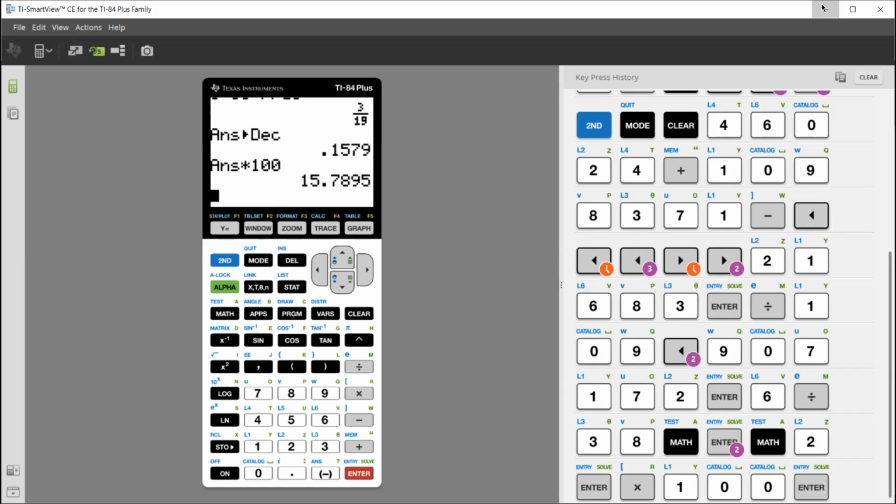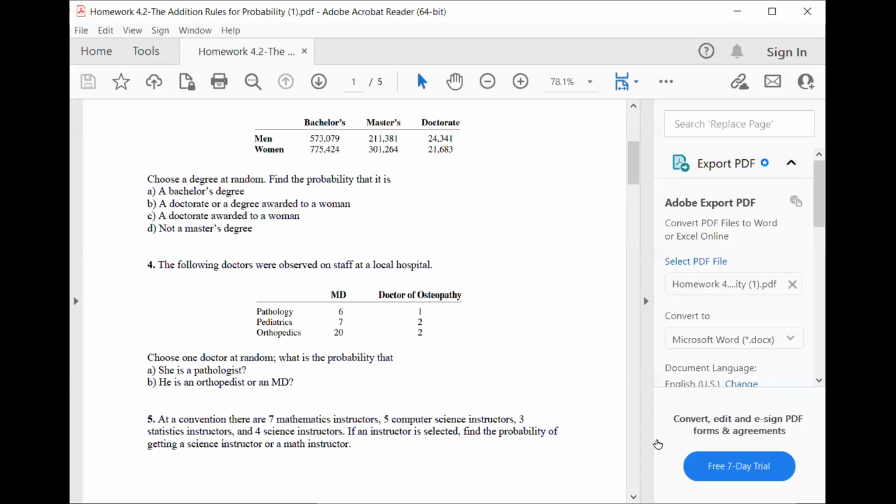I missed that. Be careful here. Let me show you what happened. I fell for it too. Here's the pathologist row, right?